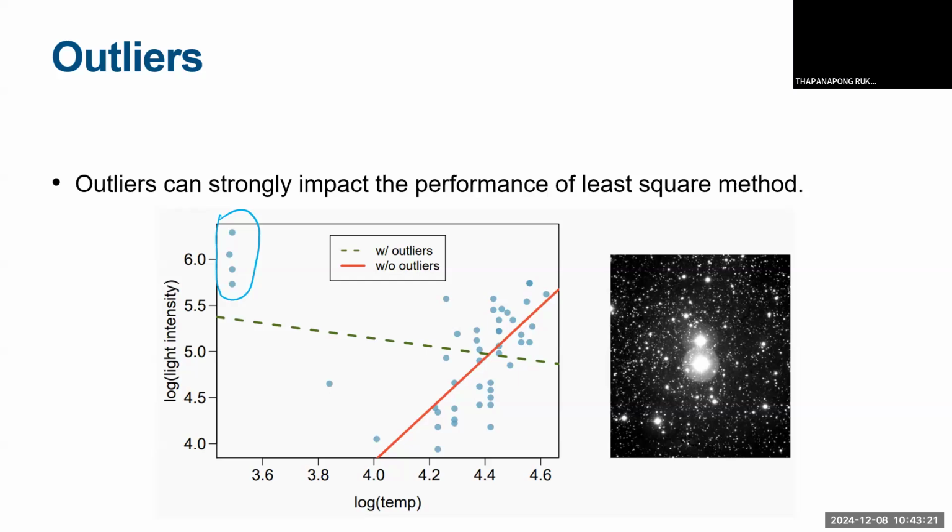So we need to find where the outliers are. How can we find outliers? It's the most common problem, but there is no one method that can do it all. Right? We can use a clustering method.